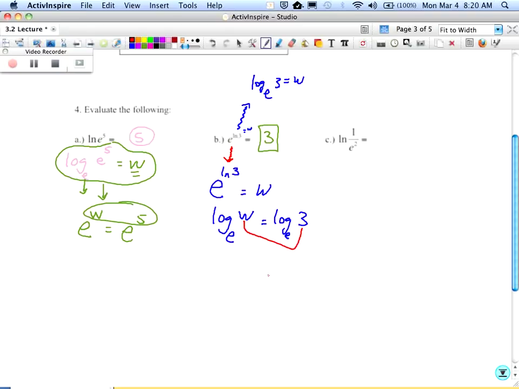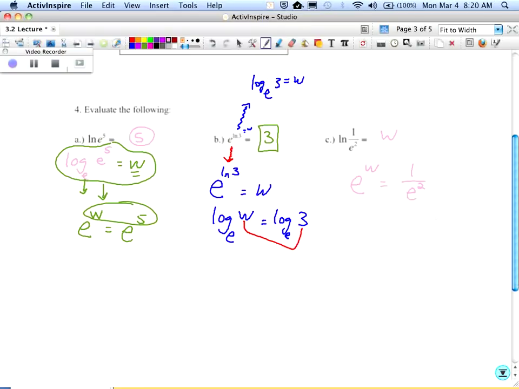Last one on this page. What does ln tell you about the base? ln is base e. Now this is a logarithm, so this logarithm is equal to W, and logarithms are equal to the exponent. So when I write e to the W, it is supposed to be equal to 1 over e squared.